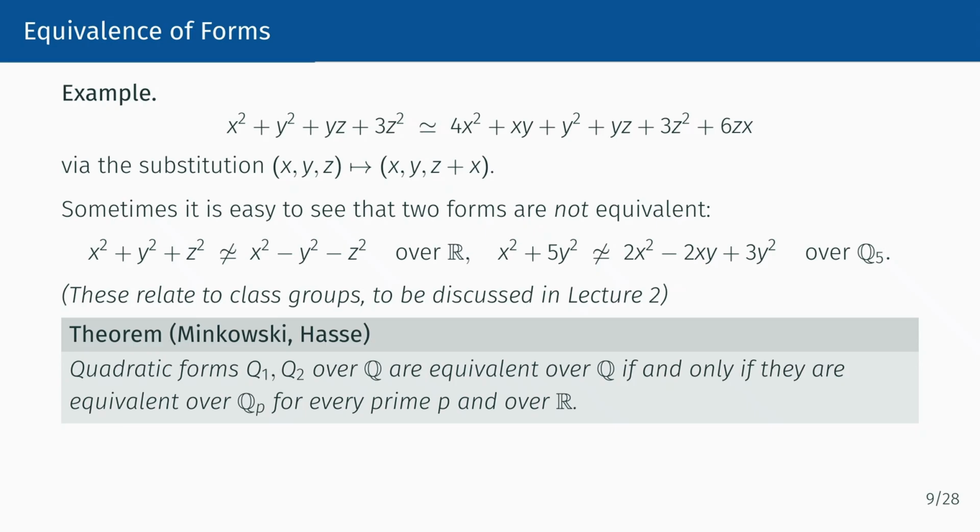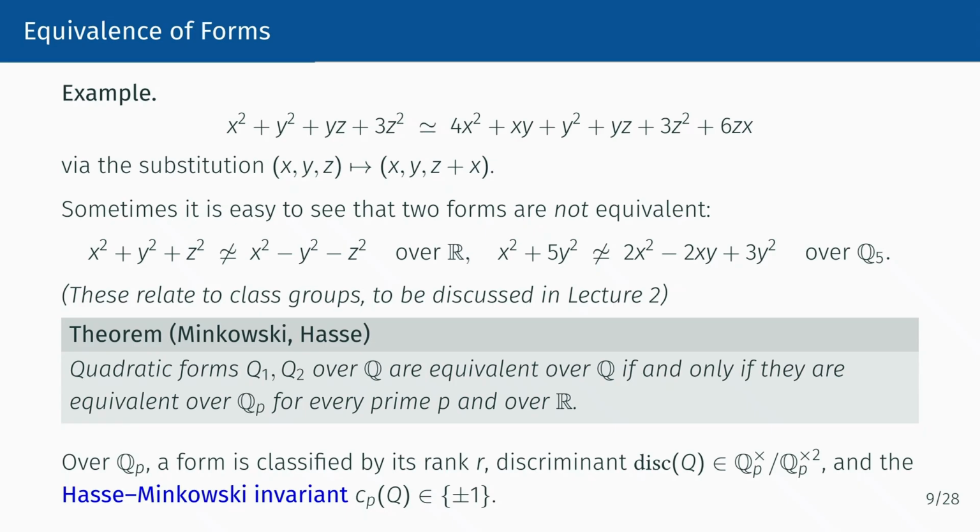But I do want to say that it tells us that in order to classify equivalence classes of forms over Q, all we need to do is to be able to classify them over every prime. A way to do it is by understanding, over a prime p, what the key invariants are that allow you to completely classify a quadratic form.